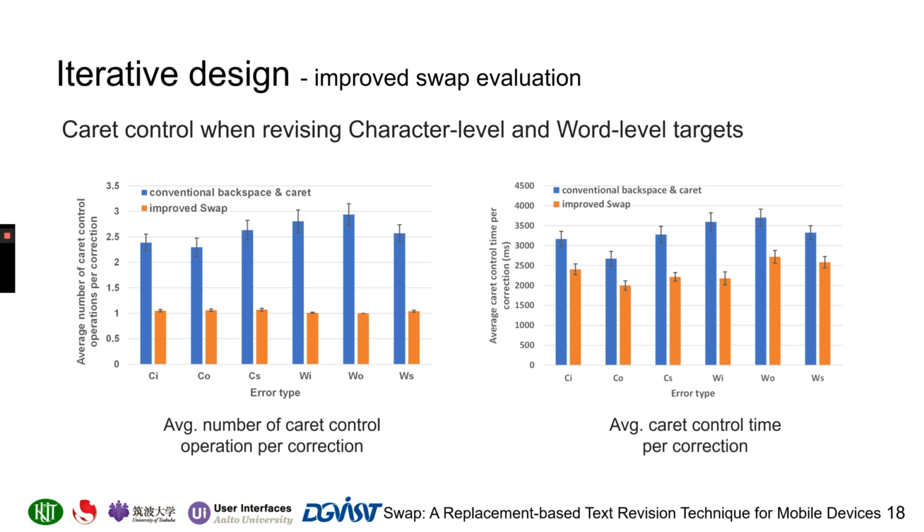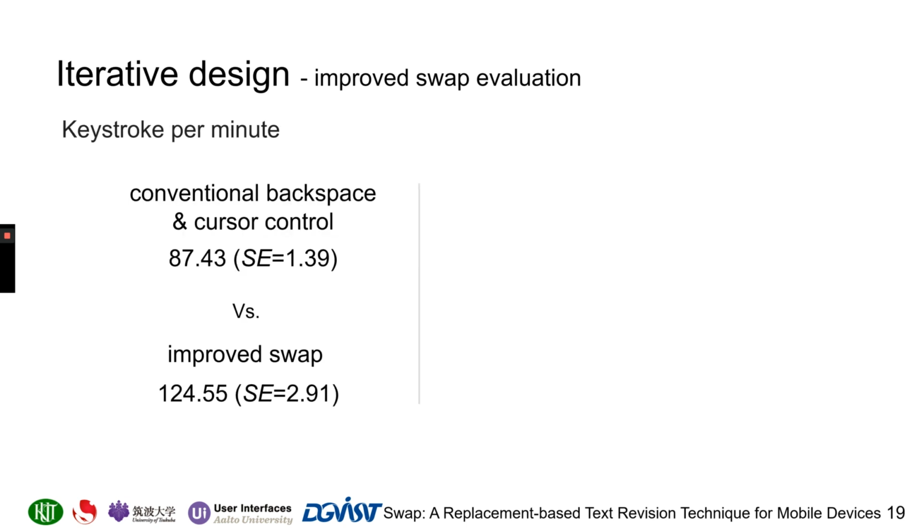Results show that compared with the conventional backspace and cursor control, Improved Swap had significantly fewer caret controls and less time consumption among all types of revision targets. We also measured the typing speed during the revision and found that Improved Swap could reach an average of 124.55 keystrokes per minute, which is significantly faster than the conventional technique.